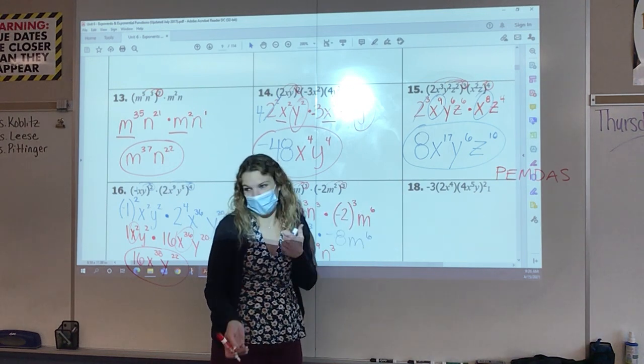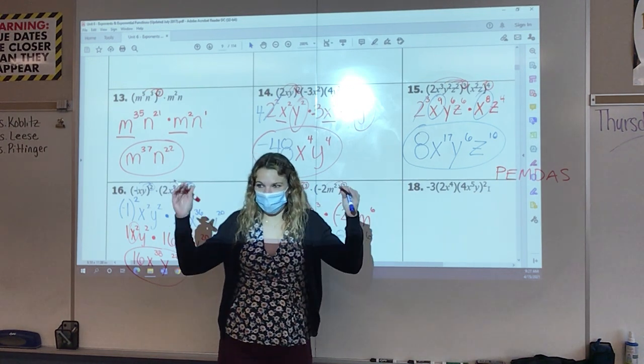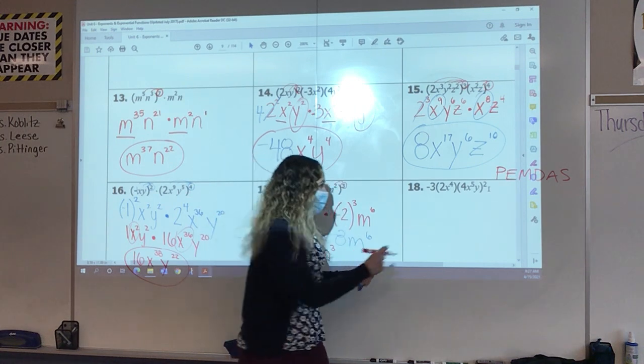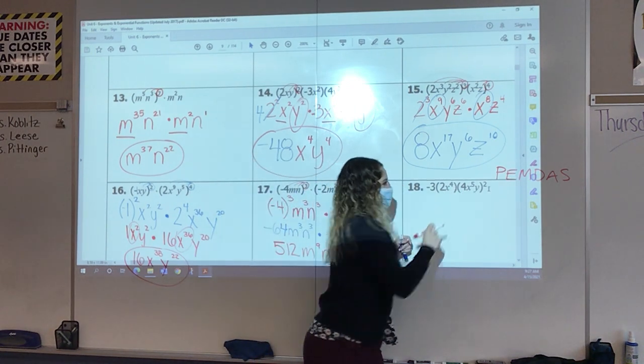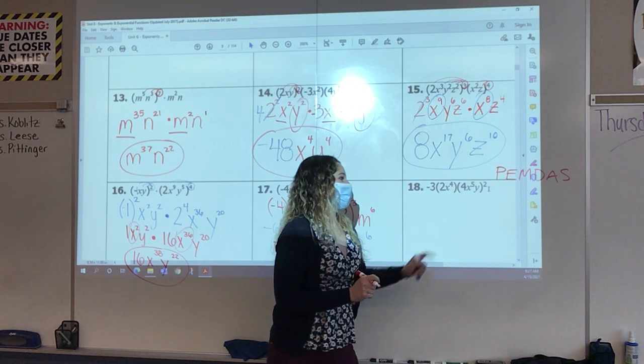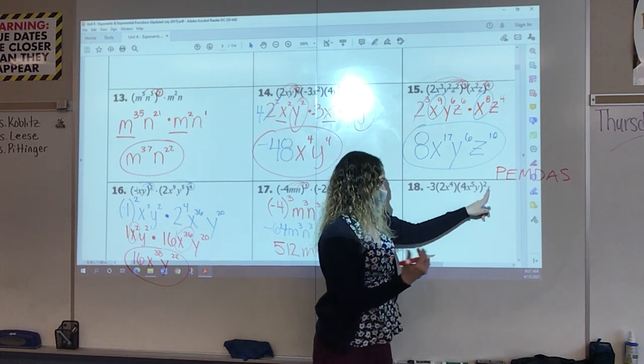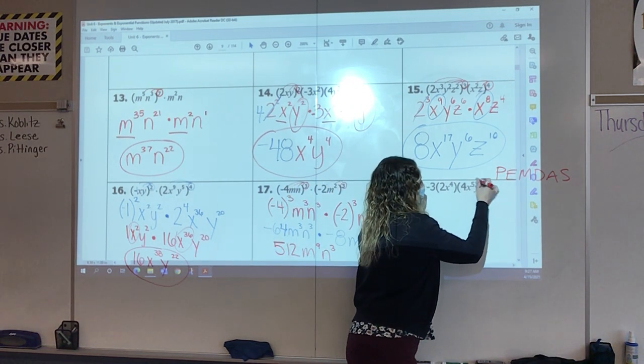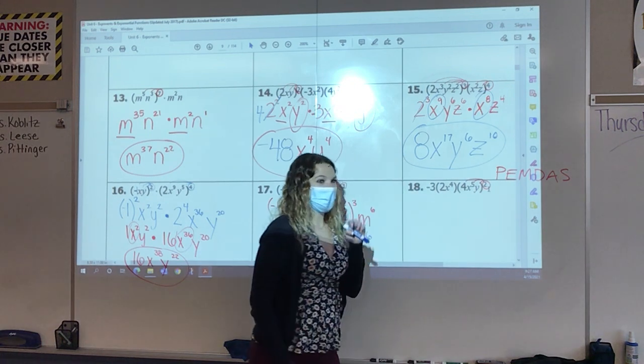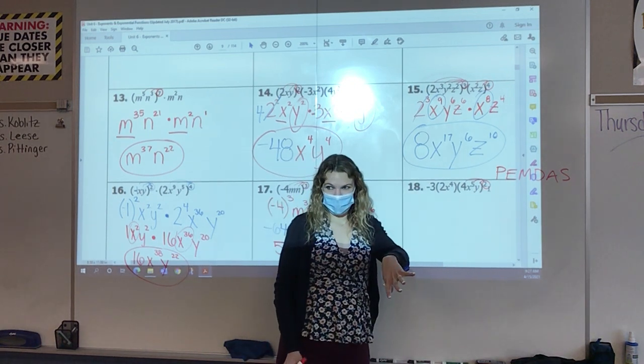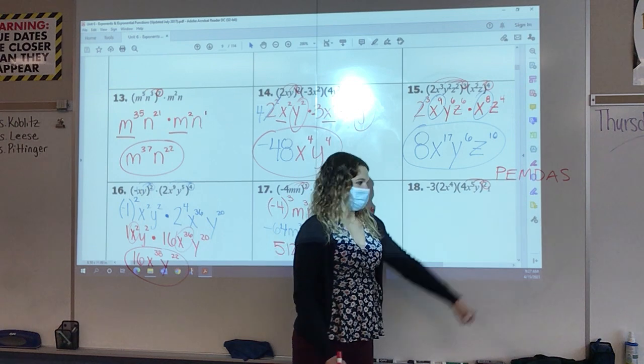Parentheses would mean that you could simplify something in the middle, and here I can't. So exponents. I definitely have one on the outside that I have to distribute first, because of the order of operations.